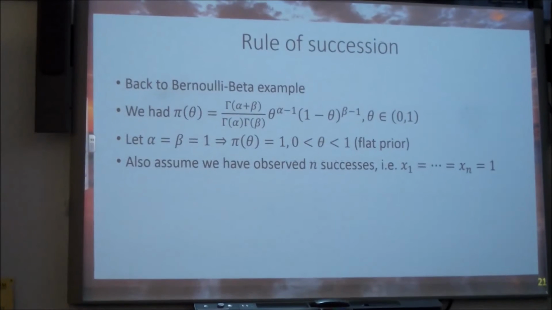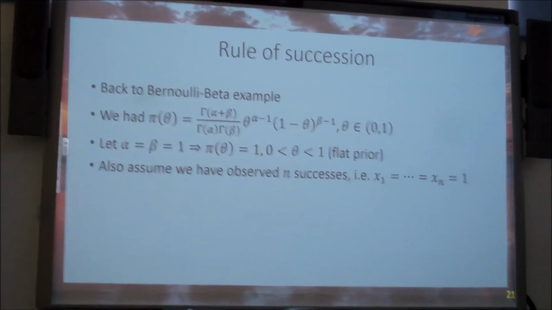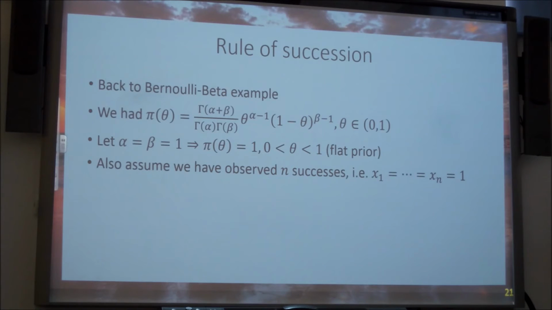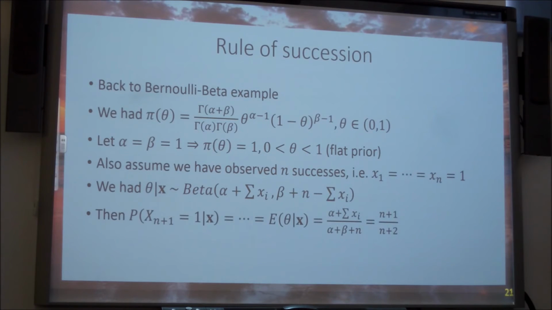Okay, so then our data, because it follows a Bernoulli distribution, we're looking at successes and failures. So we're going to assume that in the past we observed n successes, so all of our x_i's were 1. This was our posterior distribution that we had before, and you can show that the predictive distribution is just the expectation of the posterior distribution. So because our random variable X_{n+1} is discrete, we have a probability mass function.